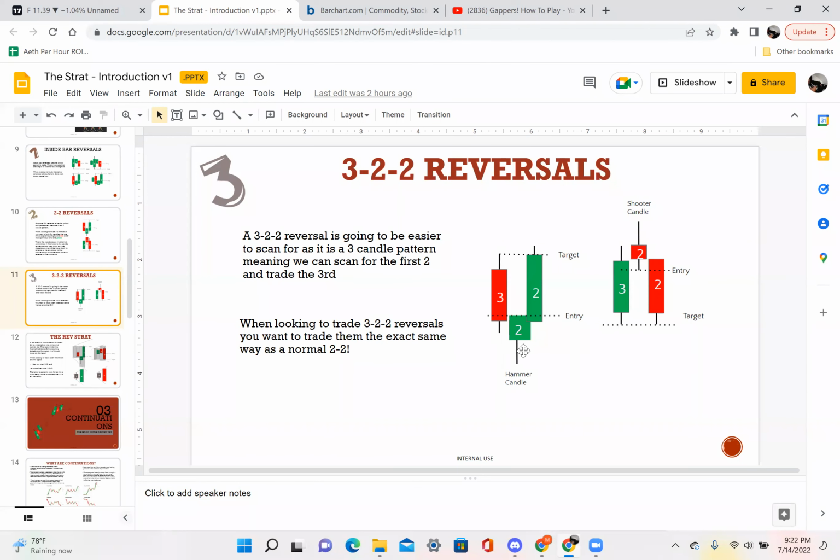Now that we've seen a 3-2, it's either going to continue to the downside or give us a reversal to the upside. We don't care. We're going to put our entry up here and a stop loss up here, because we're not going for continuations, we're going for reversals. It triggers, we enter. So you're just scanning for 2 bars.